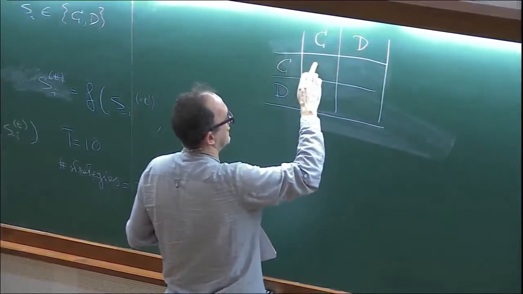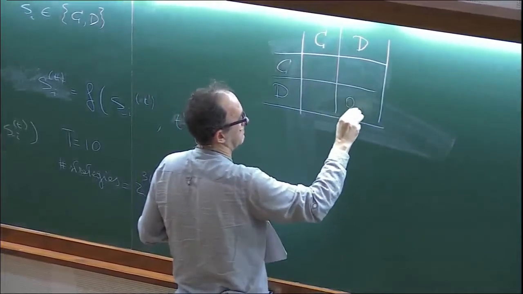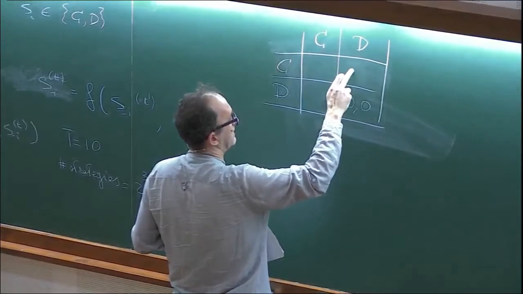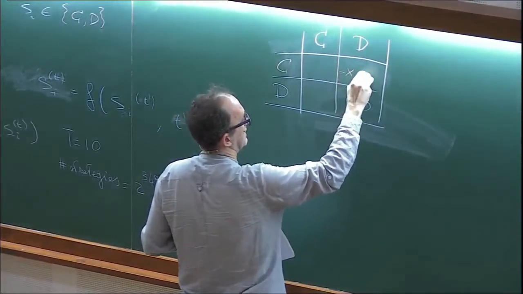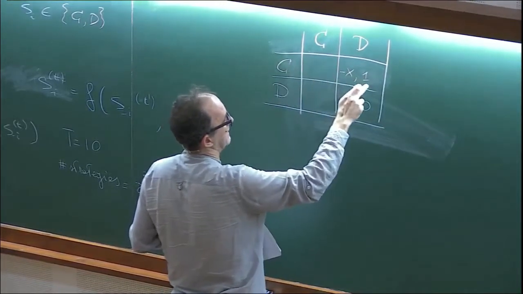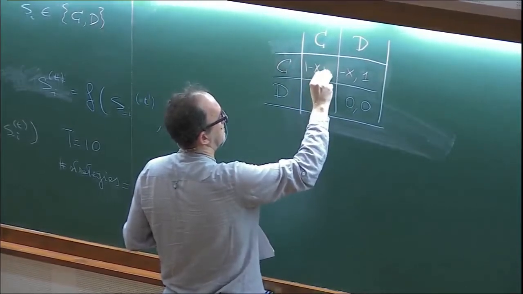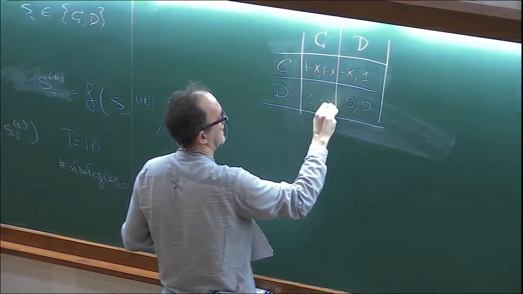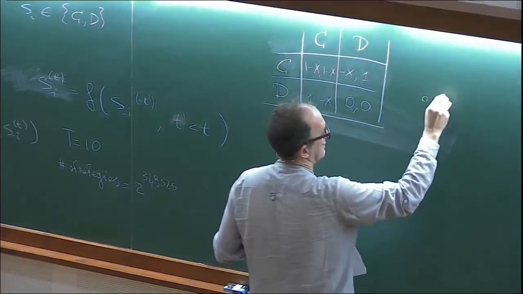I'll take payoff 0, 0 if they both cooperate; minus x and 1 if player 1 cooperates and player 2 defects; and 1 and minus x in the opposite case, and 1 minus x each if both defect.